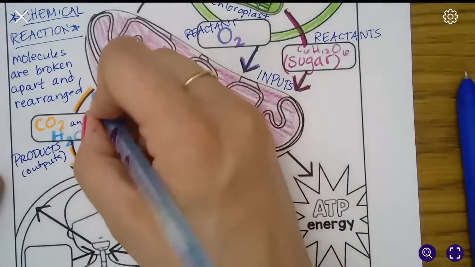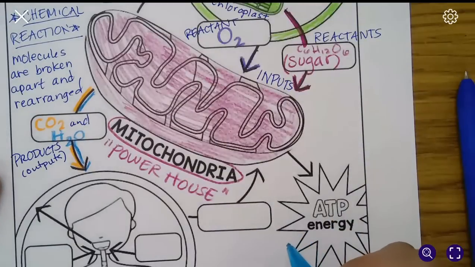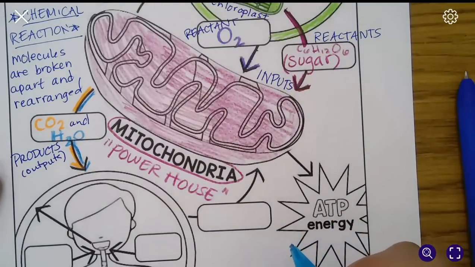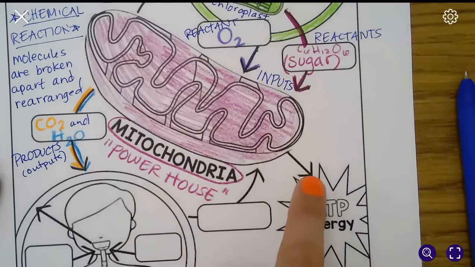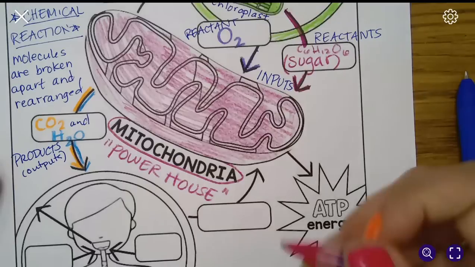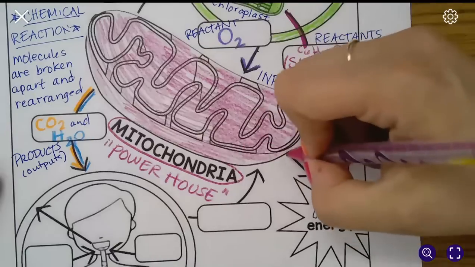I'm going to do it half orange, half blue. And then we also have another product, and that is energy. Energy. Ooh, I should have picked a color for energy. Well, that's okay. So we'll use our red. That's all right.